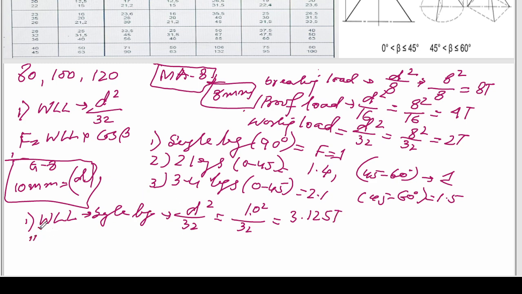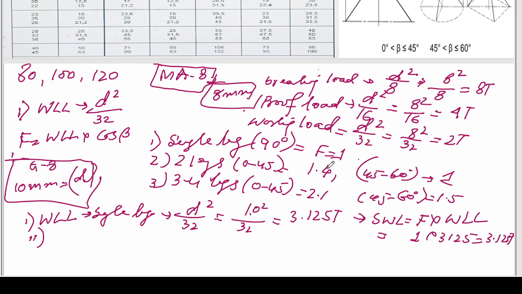Case 1: now you have the ultimate WLL for a single leg. The safe working load, SWL, is the factor into WLL. The factor for a single leg is 1, so it will be 3.125 ton.